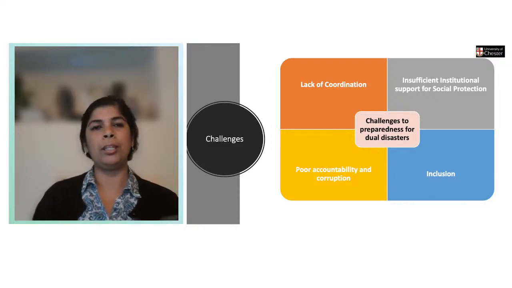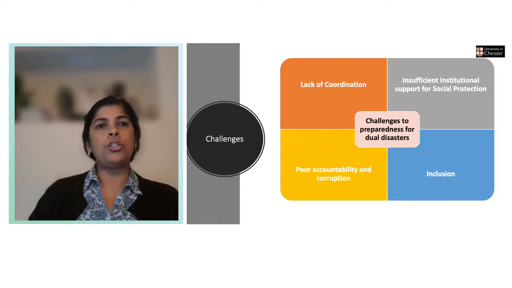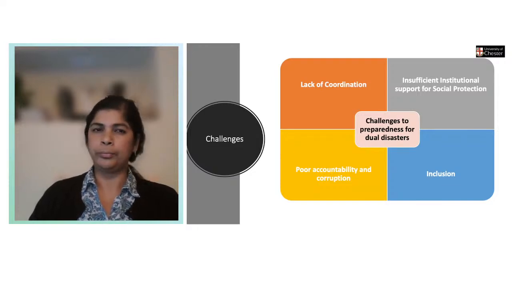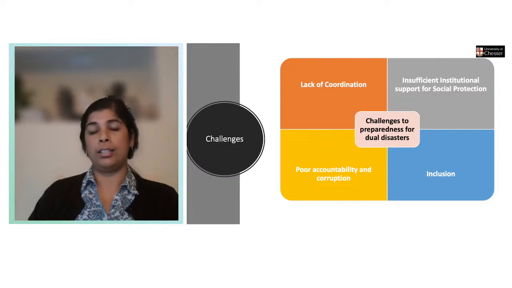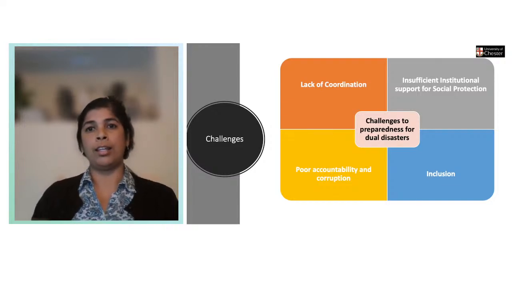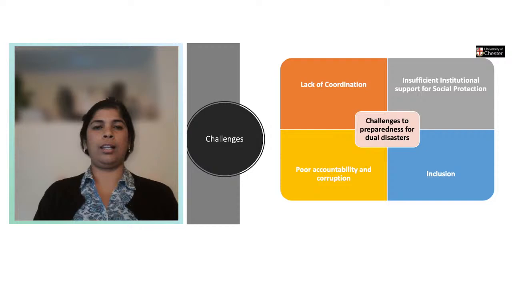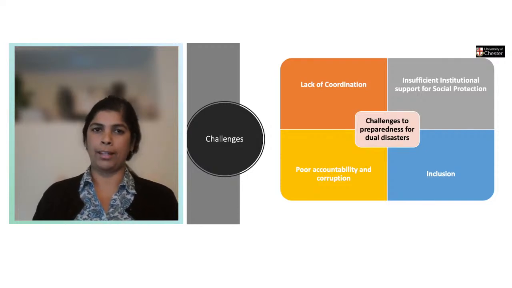So what do I mean by that? If we talk about lack of coordination, 2 days prior to the cyclone, people were alerted to the risk and the measures they should take in order to reduce the impact.